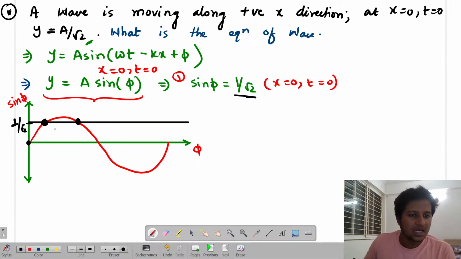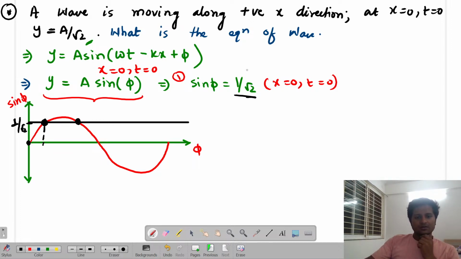Now your answer has appeared. This phi has appeared for two values, but then the question arises, which one am I going to consider? This is a little bit different now. Okay, so that is of SHM.